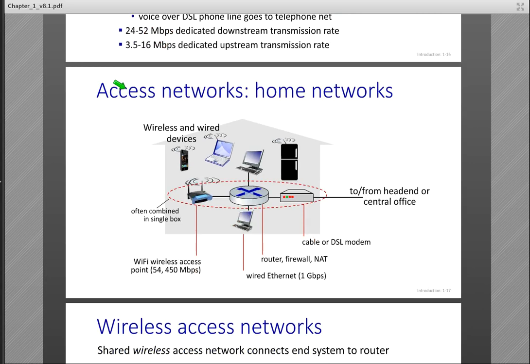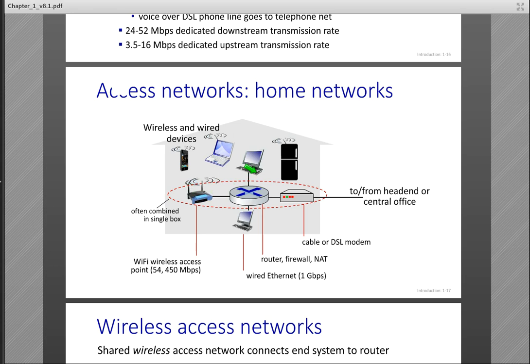Also, we can use an access network in the home. To do this, we need a modem connected to a phone cable or a fiber, and we can create a network inside the house, for example, a wireless network or a wired network.